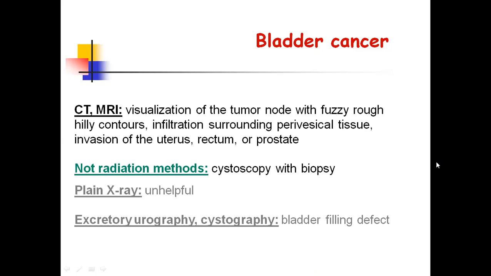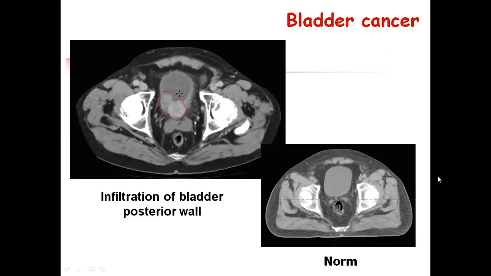These radiological findings should be confirmed by cystoscopy with biopsy for morphological verification, for establishing the morphological type of tumor, and the rest of the methods such as plain X-ray or contrast studies with plain X-ray are of no help.